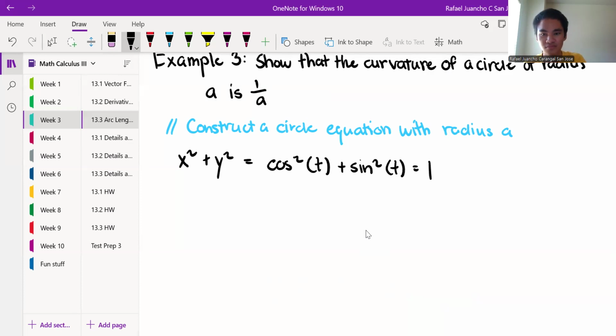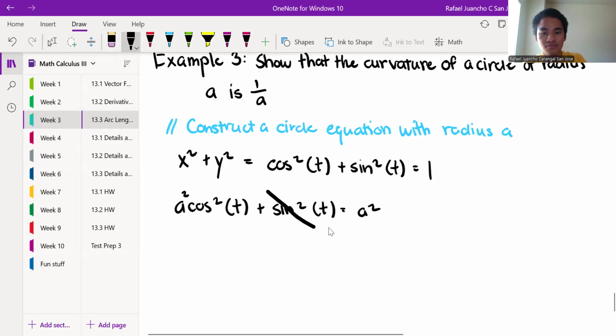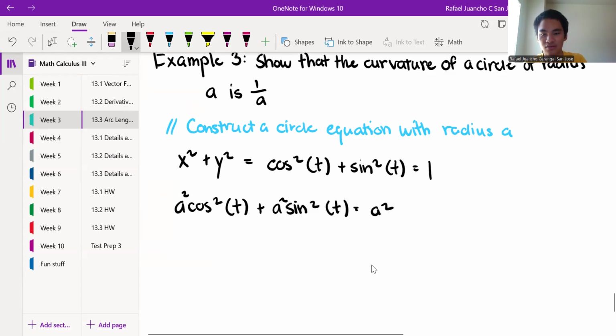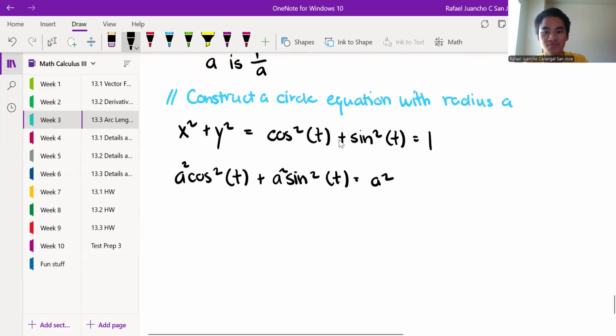Now, how do we put the a here? We just multiply everything by a. So a squared times cosine squared of t plus sine squared of t equals a squared. So here's how we get a circle equation with parameter t.